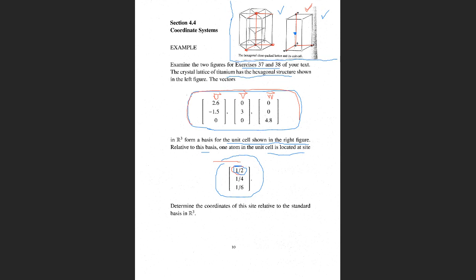So you're going to move 1/2 unit in the u vector direction. And then the fourth, you're going to move a fourth unit in the what direction? In the v direction. But you're moving 1/4 of a v. You know what I mean? 1/4 of the v vector.